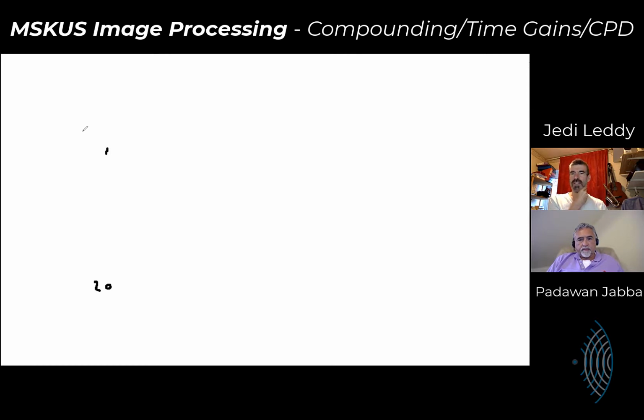You could have 1/20th of the maximum brightness being a 1, and 20/20ths being a 20, so a bone being a 20 reflector, and everything else in between being less bright. But that doesn't actually give you a very good picture, because the vast majority of your echoes are down here in the 1 to 4 level.